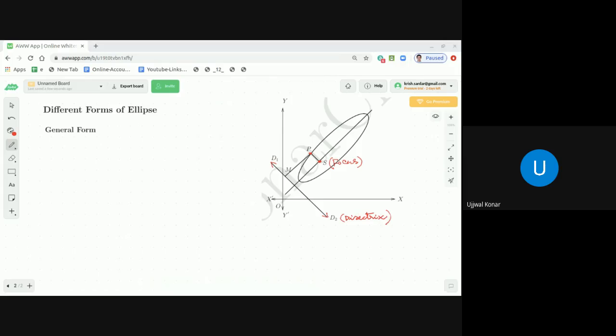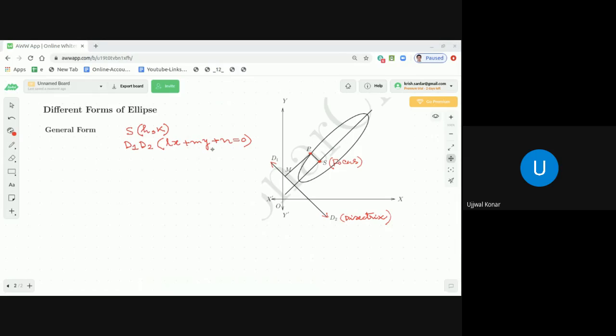Now, dear students, as we are discussing a general form, we should consider the coordinates of the focus as h, k. So S is the focus having coordinates h, k. And the directrix D1 D2, let's assume its equation is Lx plus My plus N equal to 0.